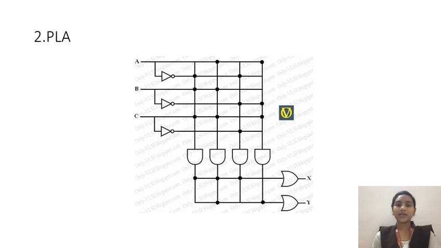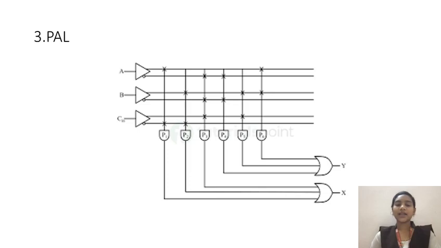And this is the logic diagram of PLA, which has 3 inputs, and we have taken OR gates and given 2 outputs. And this is the third logic diagram, of PAL, which again has 3 inputs, and the third input is Cin, which we can keep programmable, and we get 2 outputs. And these are the logic diagrams of PROM, PAL and PLA.